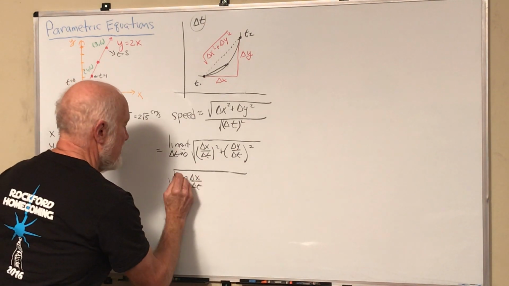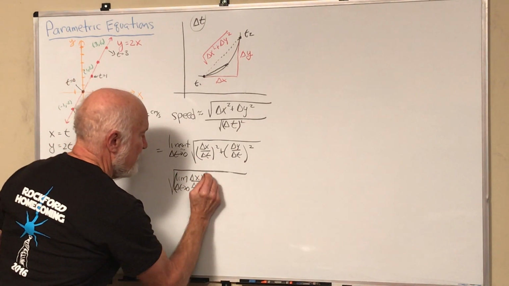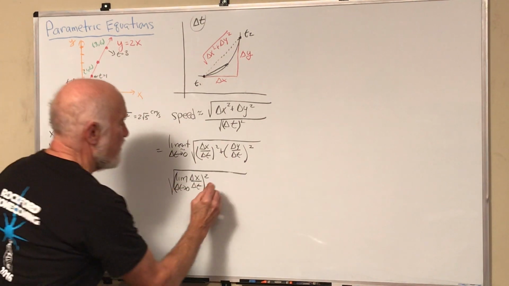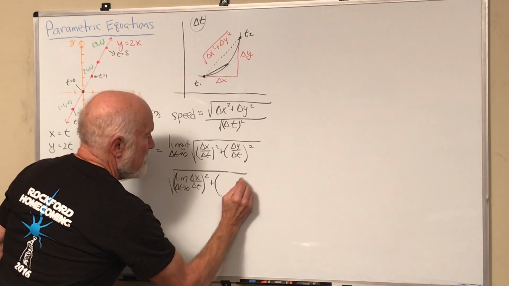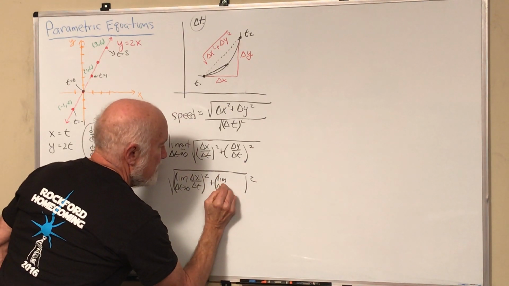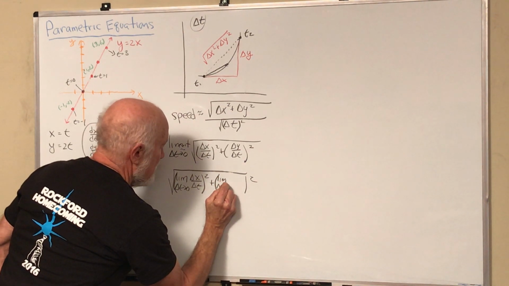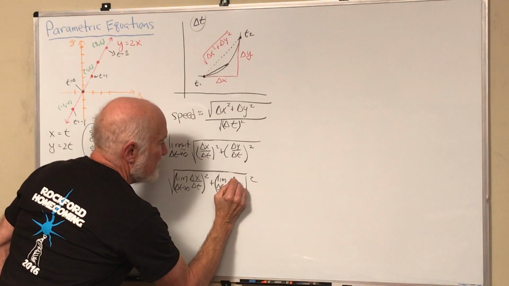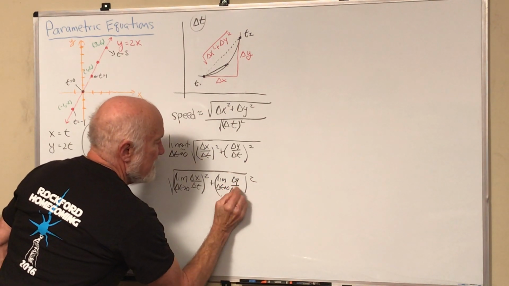So I can just square this result and do the same thing over here, of delta y over delta t.